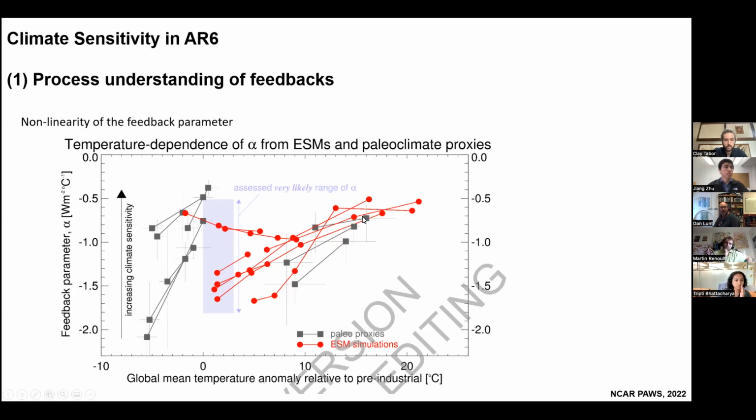In general, the majority of the lines of evidence indicate an increase in sensitivity as we go to warmer climates, but a few records show the opposite, and there's a lot of scatter in both the magnitude of the overall climate sensitivity and the gradient of these lines, so the strength of that non-linearity. So obviously there is still a lot of work that could be done purely from the paleo data side here.